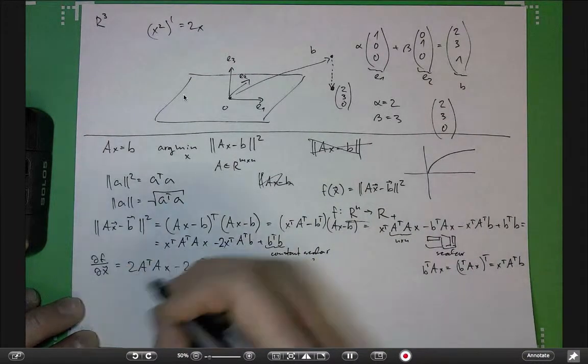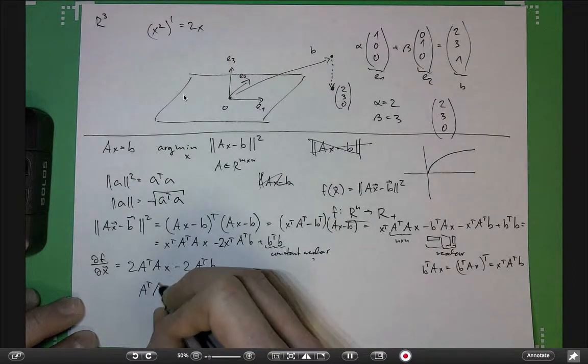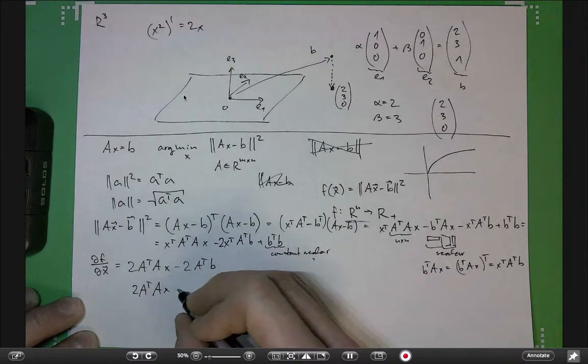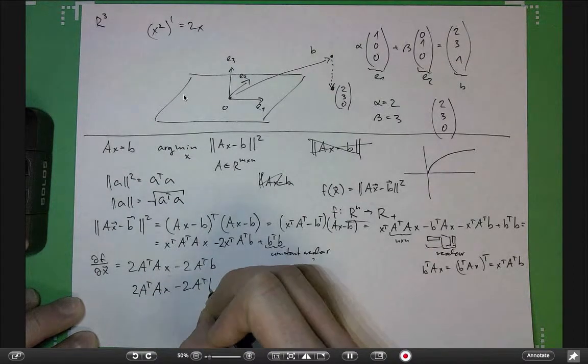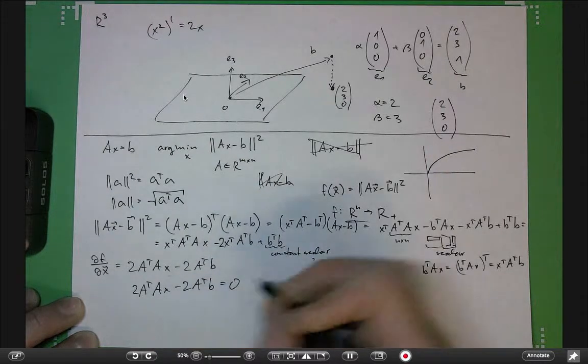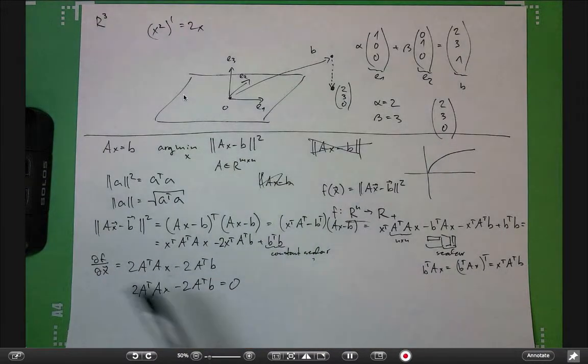So what you know from calculus is that the minimum is when this expression, when the gradient is 0, right? It's essentially what the gradient tells you, the direction of the maximum growth of the function. If that's 0, it means you are at a critical point. In this case, the critical point is a minimum.